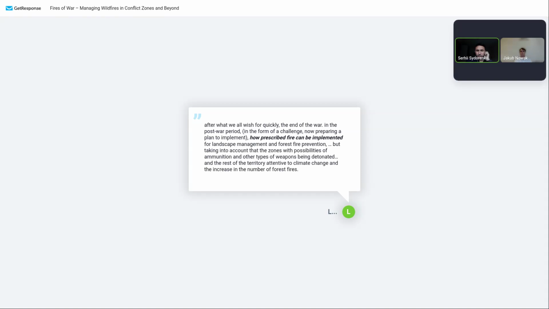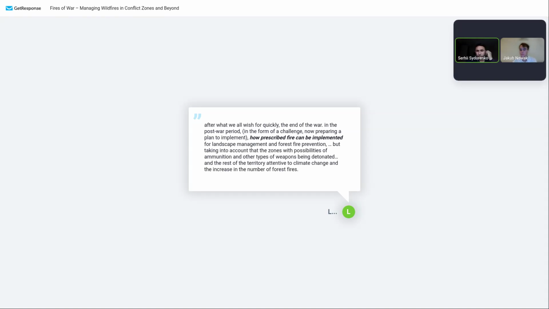For territories polluted by unexploded ordnance or mined, that have high fire risks but are far away from settlements, probably we will not use prescribed fire at all, and won't use any robotic system to use fire as a tool.